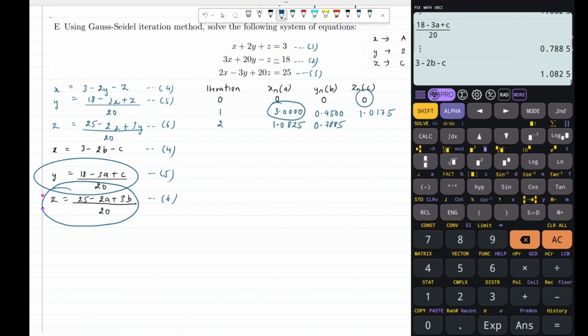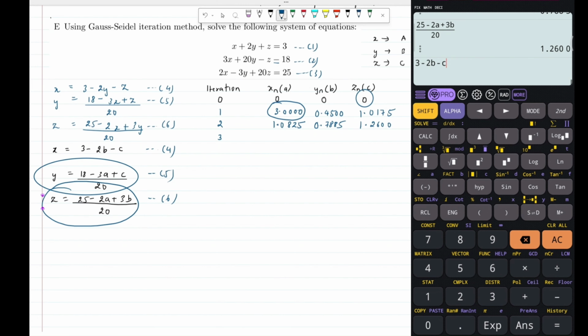Then look out for the equation that gives us the value of z. This is the equation that gives us the value of z. Press equal to, you get that z2 is equal to 1.2600. Likewise, we'll move on to the third iteration. So we need to store this in C. Now we look out for the equation that gives us x.